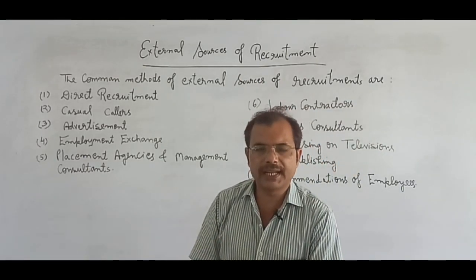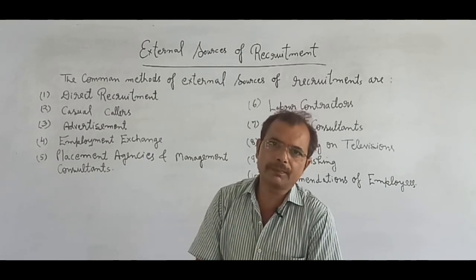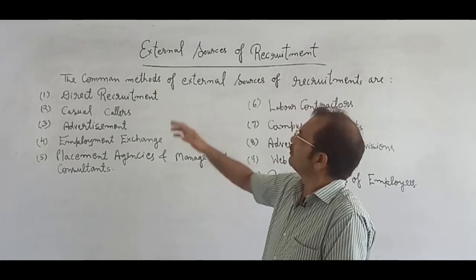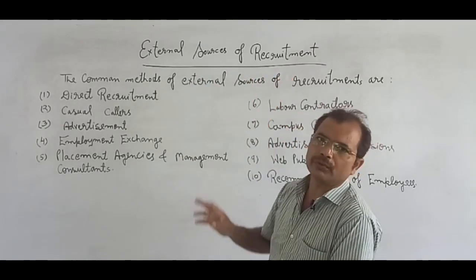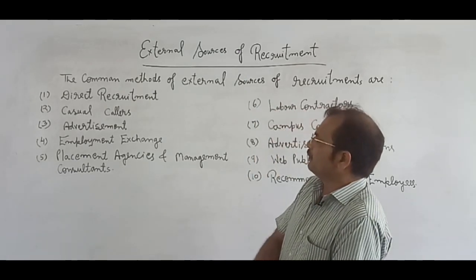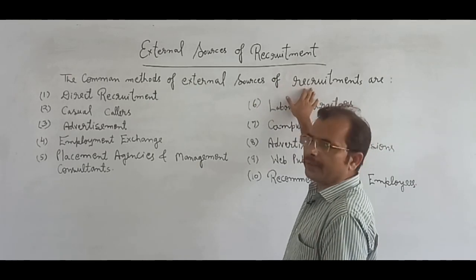When any organization attracts the candidates for the jobs from outside of the organization, at that time external sources of recruitment is used. Okay, now we should understand the common methods of external sources of recruitment.